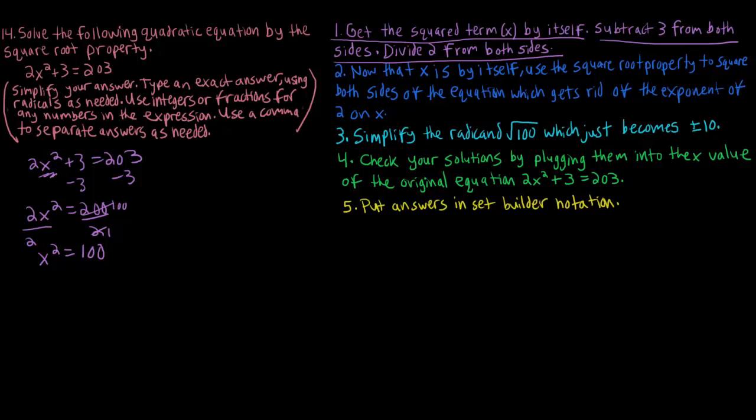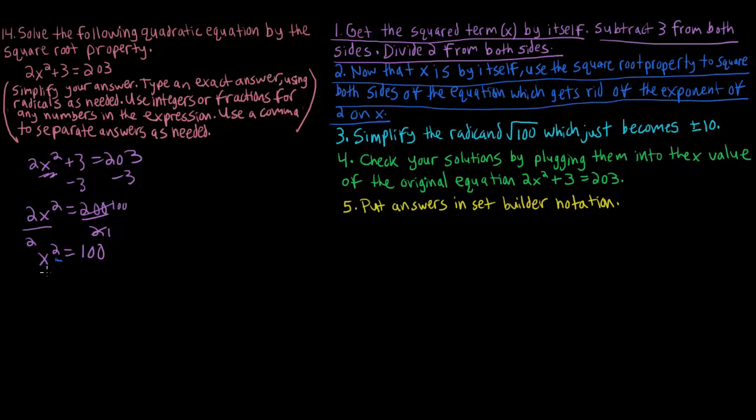Now step 2. Now that x squared is by itself, use the square root property on both sides of the equation, which gets rid of the exponent of 2 on x. So we want to get rid of the exponent 2. We want to get x by itself.